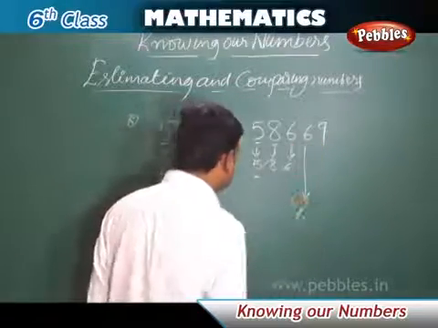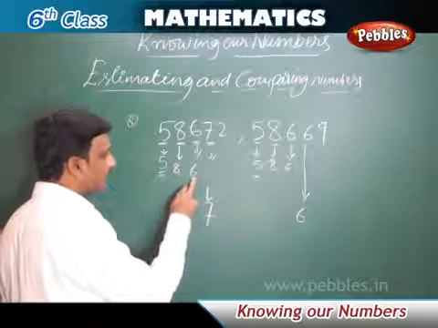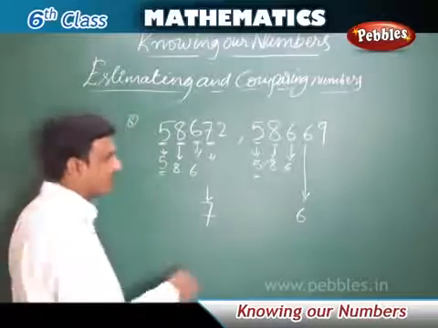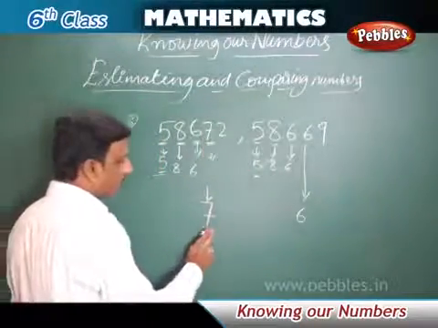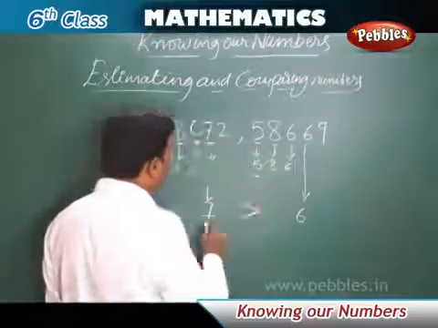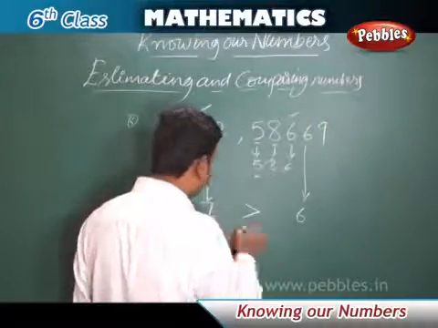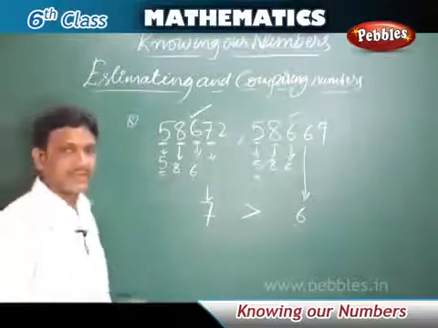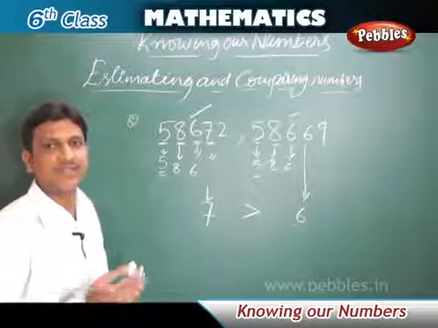Till here, in the 10,000's, thousands and hundreds places, we find the same number, but in the tens place, this is the bigger number. So this number is greater and this number is smaller because 7 is greater than 6. In this way, we can compare the numbers and find which is smallest and which is greatest among the given numbers.